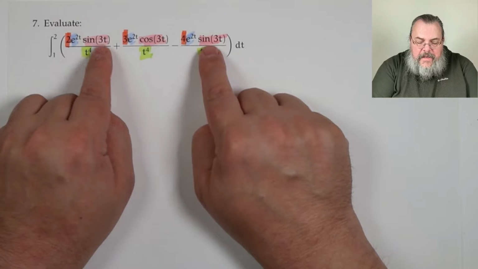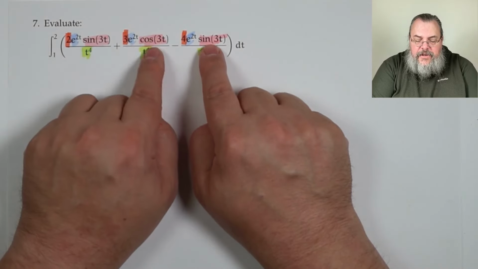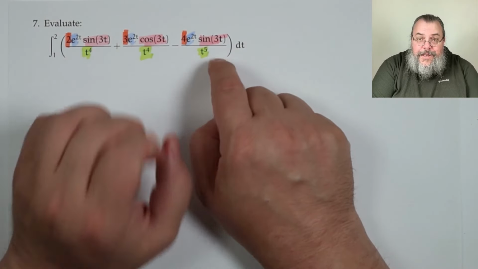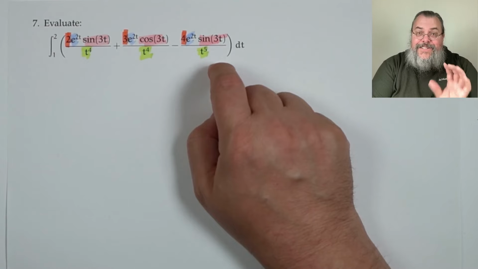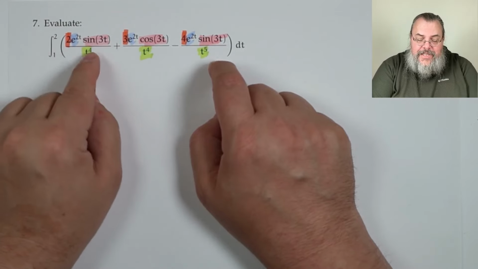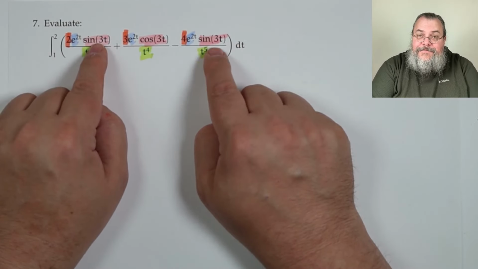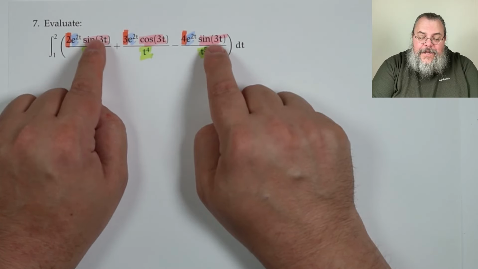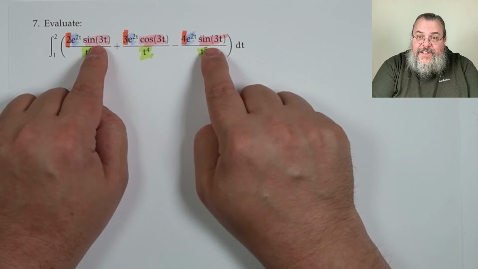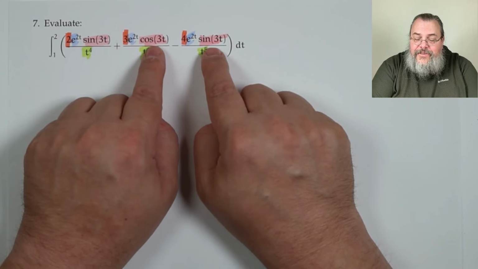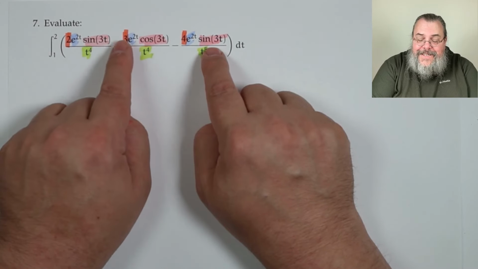Let's start with the trig functions. Here I have sines of 3t. Here I have a cosine 3t. Think of a calculus thing. What's a calculus thing that relates sines and cosines? Derivatives and integrals. What's the derivative of sine of 3t? It's cosine 3t times 3.